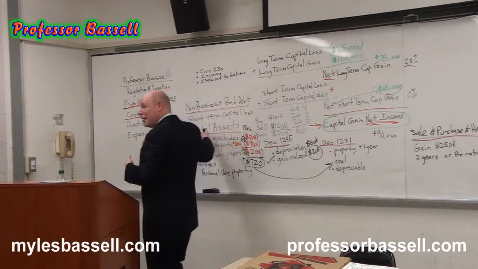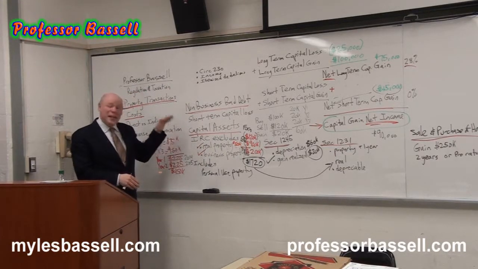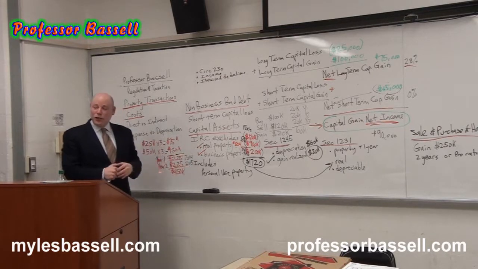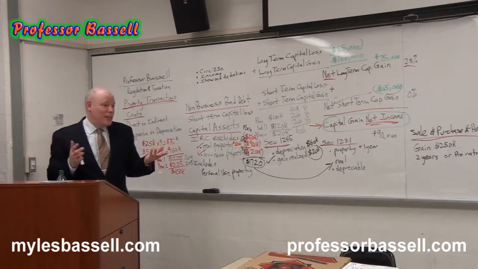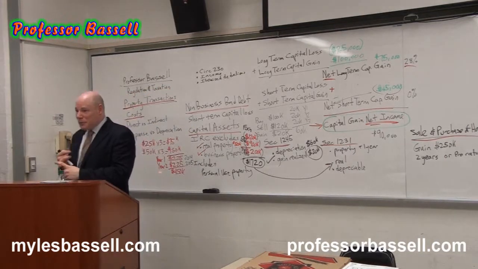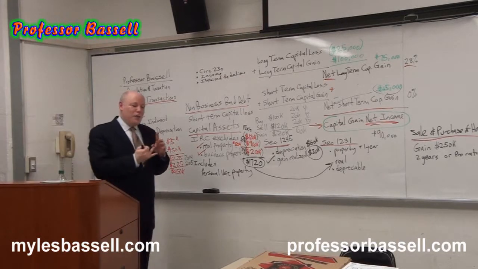We went through every line in the 1040. Income. What's the first section? Income. We went through all of those lines. Construction income, I have no idea what that is, but I know what business income is. What's that? Schedule C.